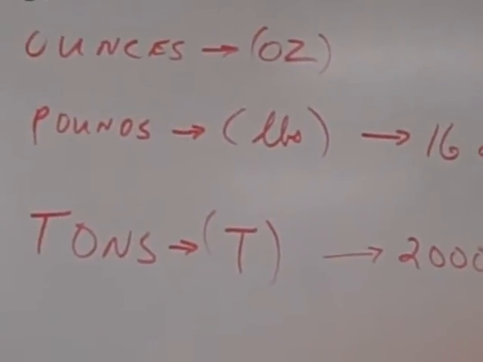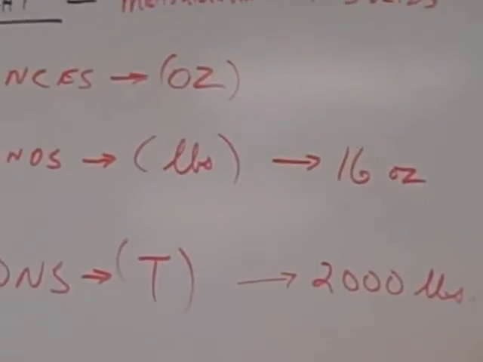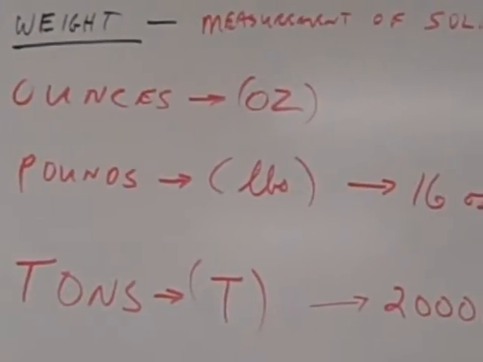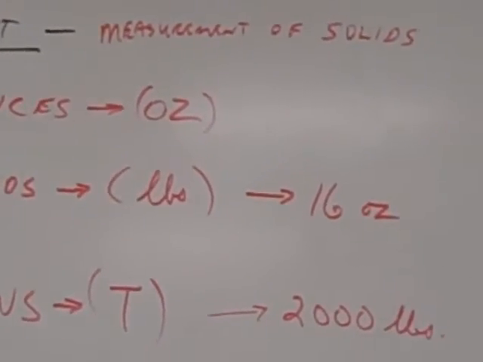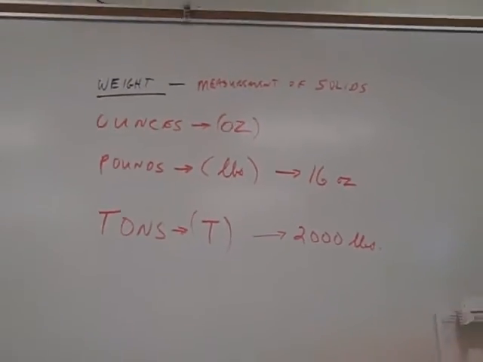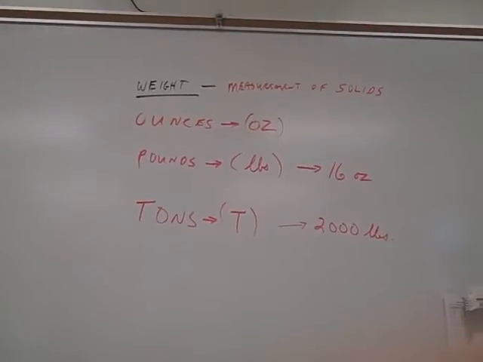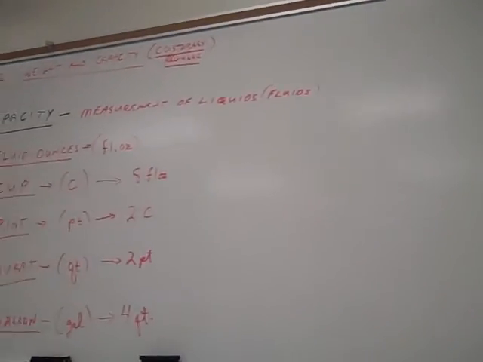Now, we need to be able to make conversions because in cooking and in science, doing experiments, etc., we have to be able to move up and down these charts. We may have a bunch of cups and we need to turn it into quarts.